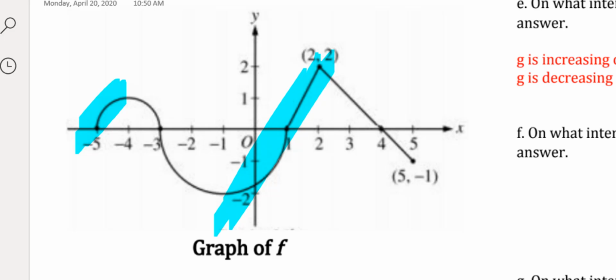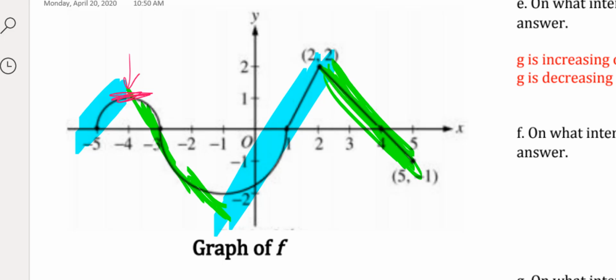Then I'm going to have negative slopes from x equals 2 to x equals 5, and also a negative slope here all the way down to this spot. I'm also going to have slopes of 0 in two spots: right here at -4, and down here at x equals -1.